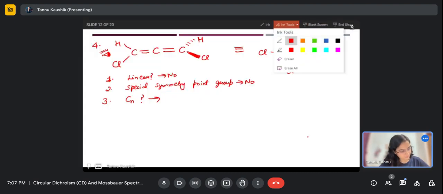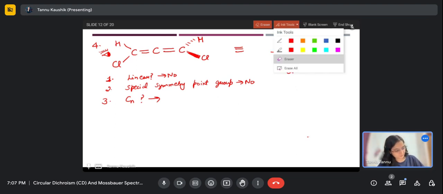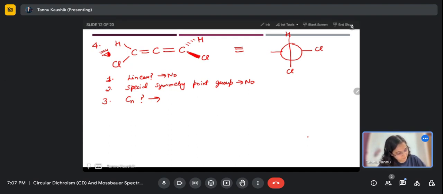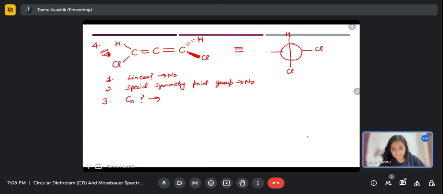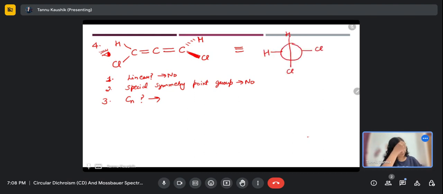I've made a mistake here. So here we have one C2 axis which is passing through this central carbon atom and is aligned at a 45-degree angle with respect to these chlorine atoms.